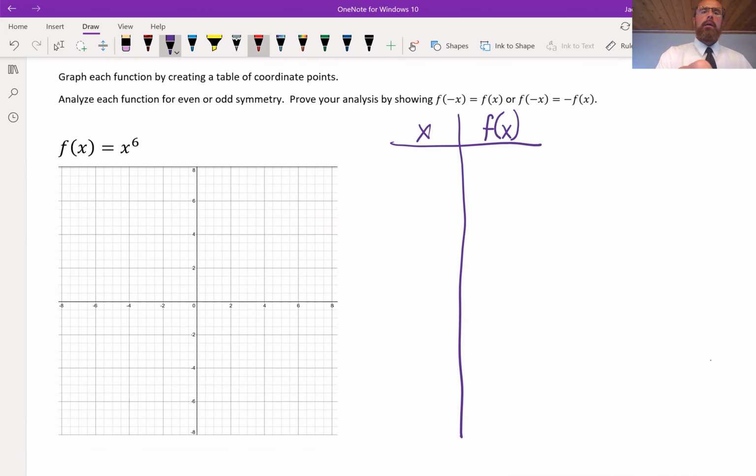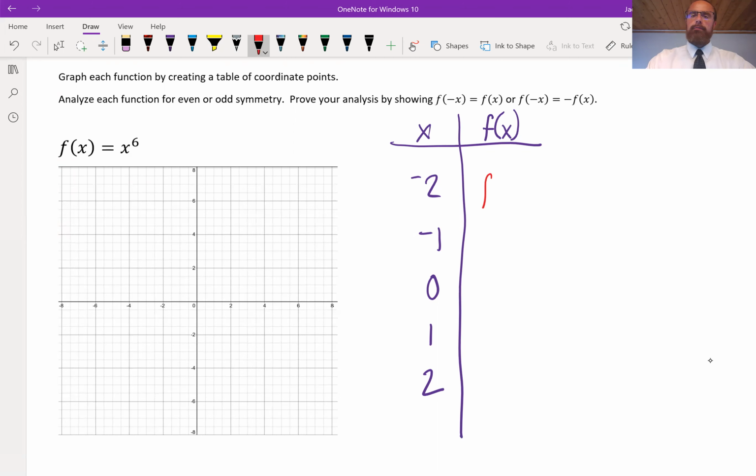So for our domain, let's choose -2 through +2. And we choose those 5 because they are centered around the origin.